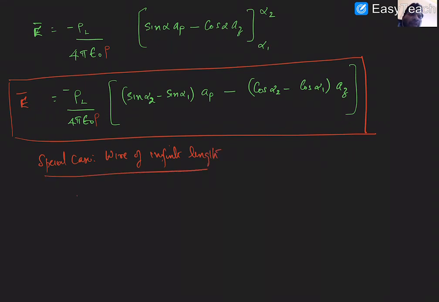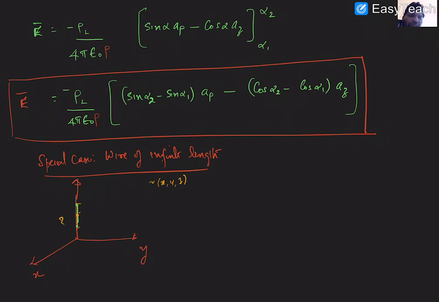Okay, that means we consider x, y and z, and we have considered like this a wire of length L, and suppose my point is here, let's say x, y, z. You know that this is my angle.